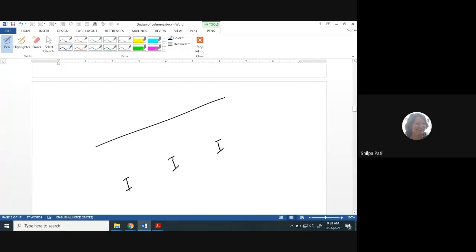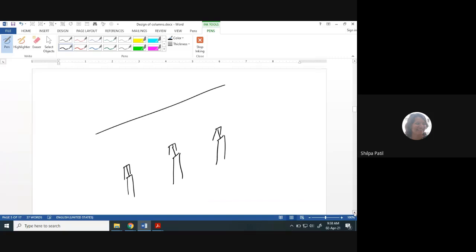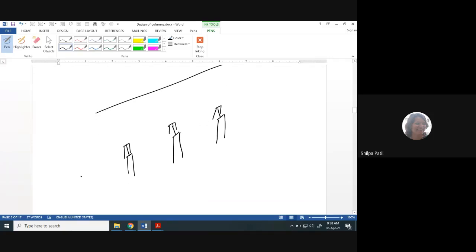Okay, at all these locations, these are the columns, and these are like this. Okay, at a specific distance we have provided the columns in the industrial building. And to avoid the buckling about the weaker axis, which is normally the Y axis, the bracing systems are provided like this.